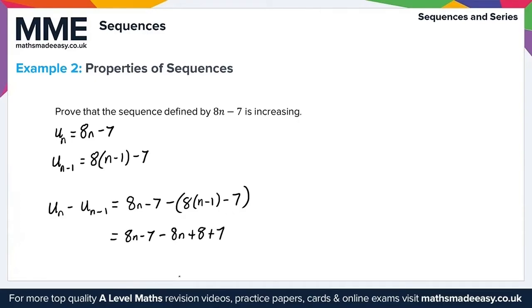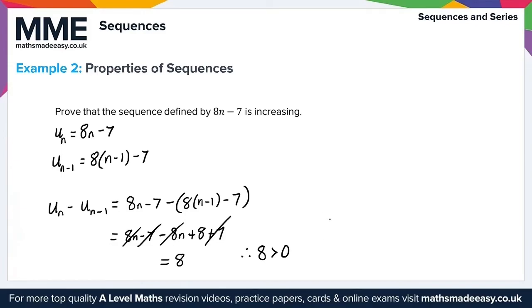And here now, all we need to do is just take a look across here and collect like terms. So we have an minus an, so they just simply cancel there to give us 0. We have minus 7 and plus 7, and again, they're just going to cancel. So simply, all we get left with here is positive 8. And therefore, as we just said, as this is bigger than 0, that shows us that this is an increasing sequence.